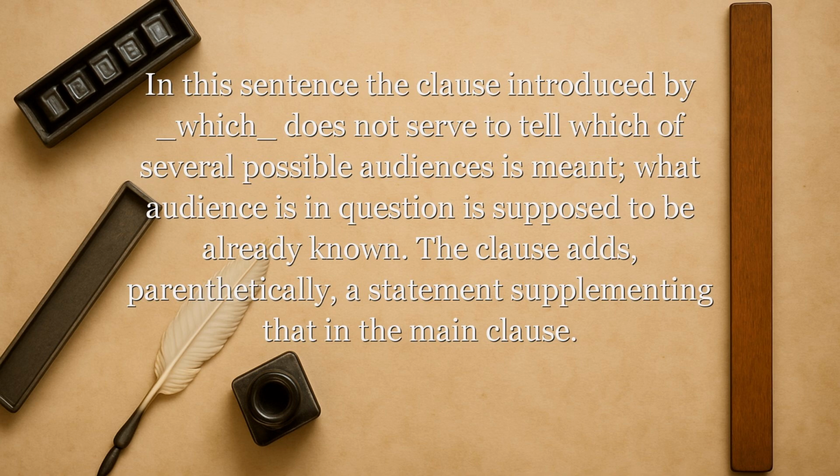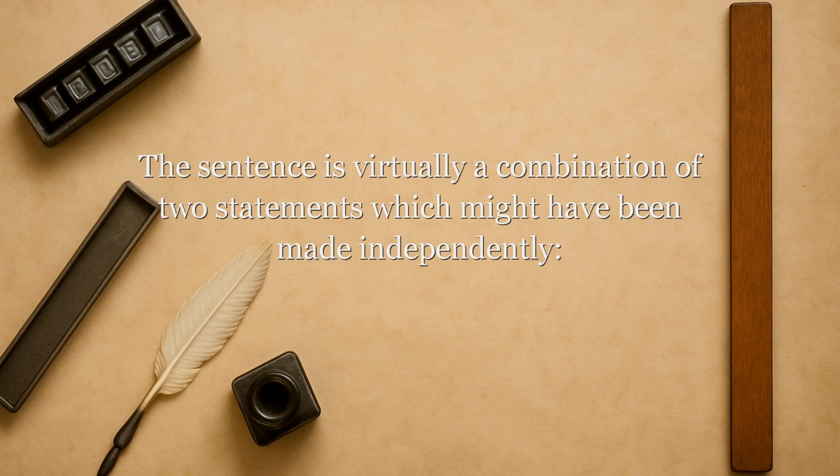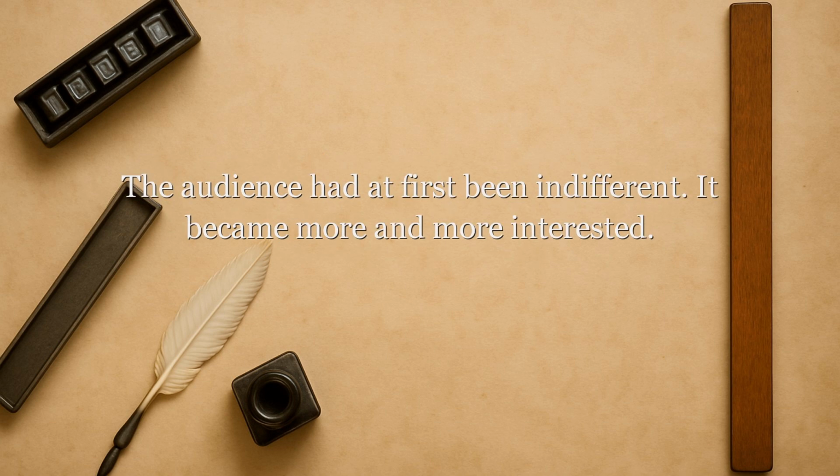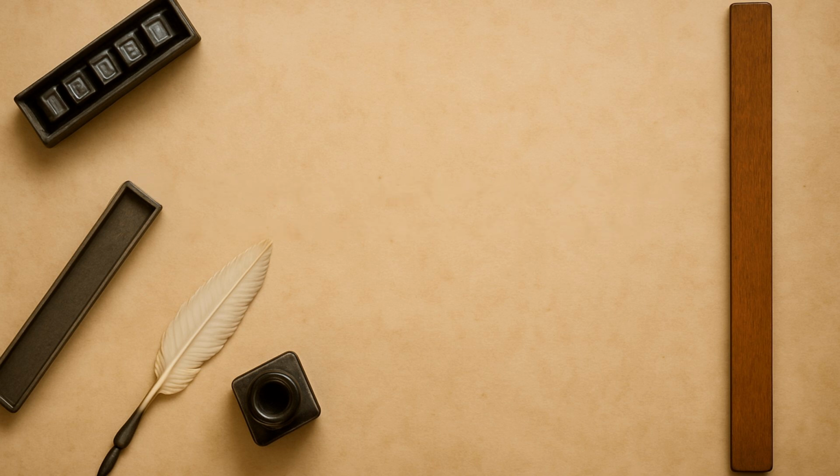What audience is in question is supposed to be already known. The clause adds, parenthetically, a statement supplementing that in the main clause. The sentence is virtually a combination of two statements which might have been made independently. The audience had at first been indifferent. It became more and more interested.